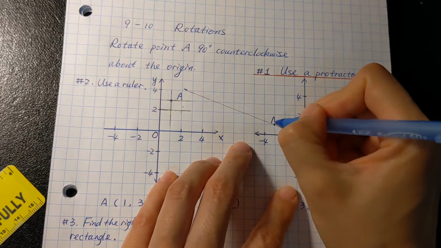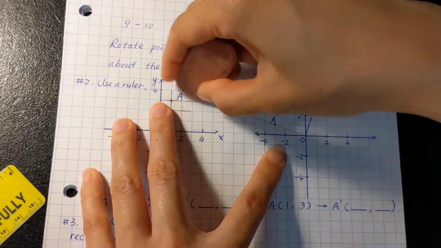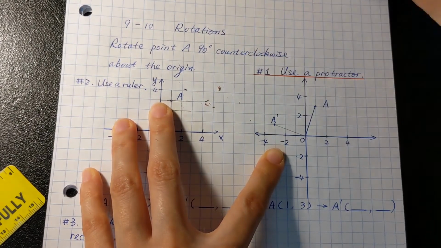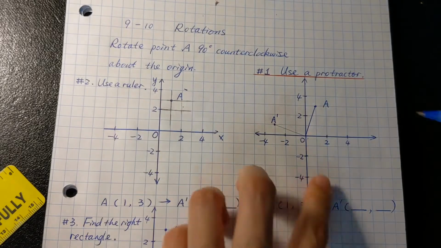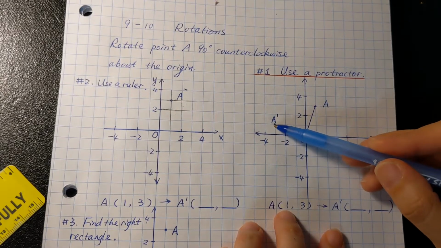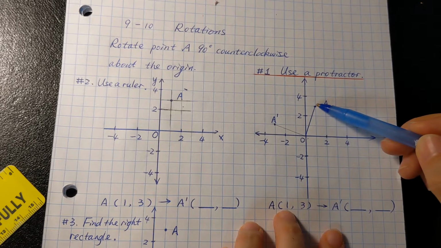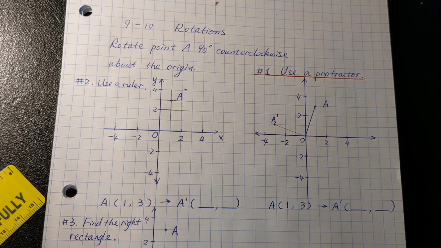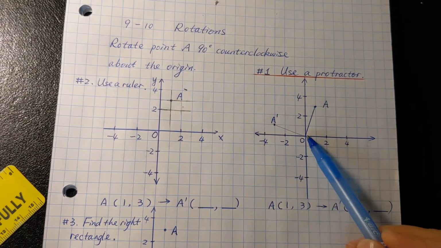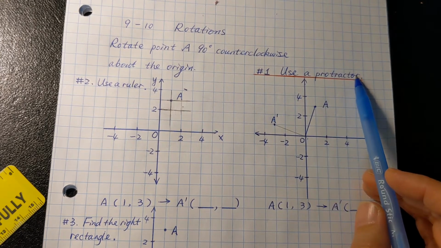Now we can mark A prime, and we will erase the rest of the line segment. So please understand your OA prime after rotation should be the same length as OA. Okay, so now we finish rotating point A 90 degrees counterclockwise around the origin O using a protractor.